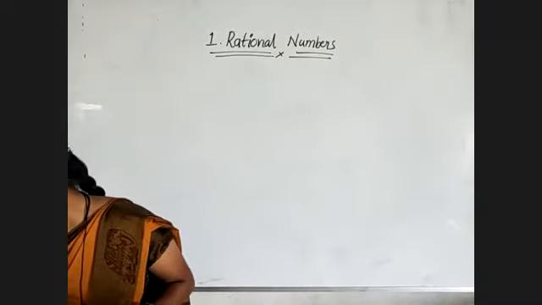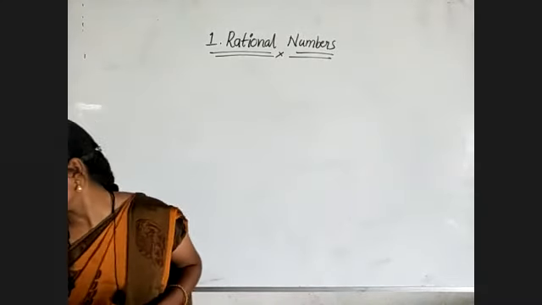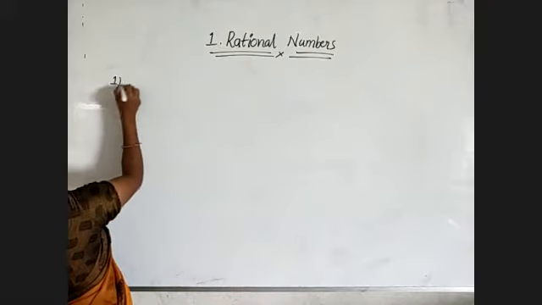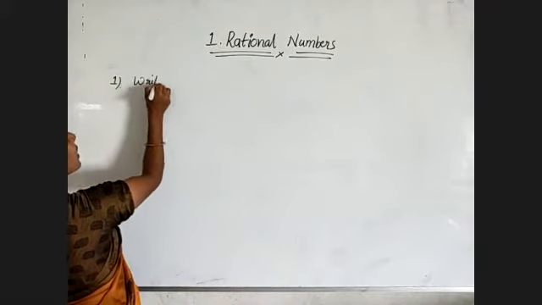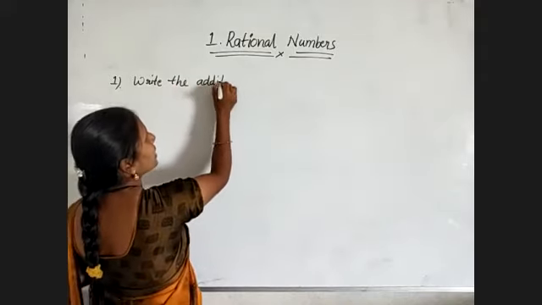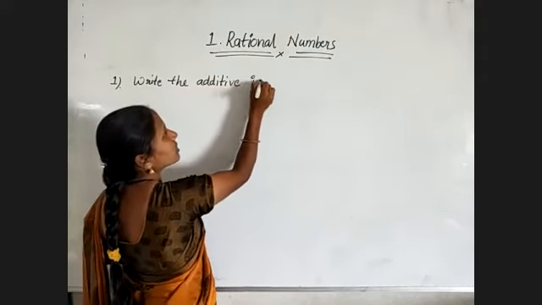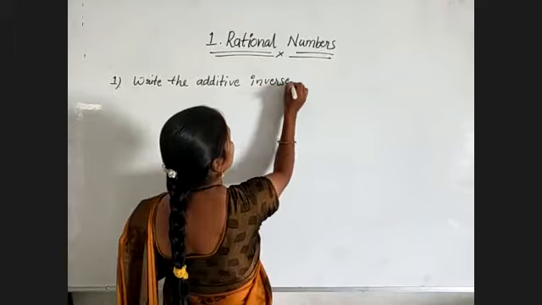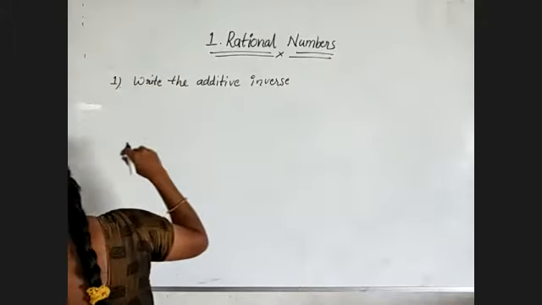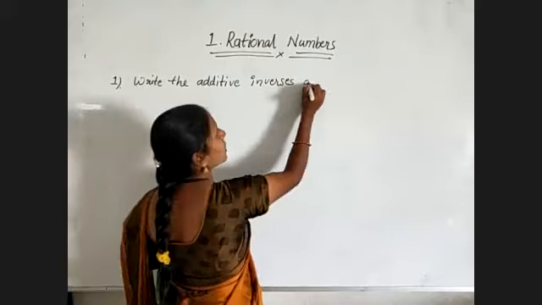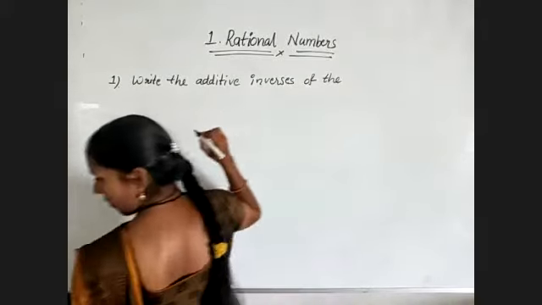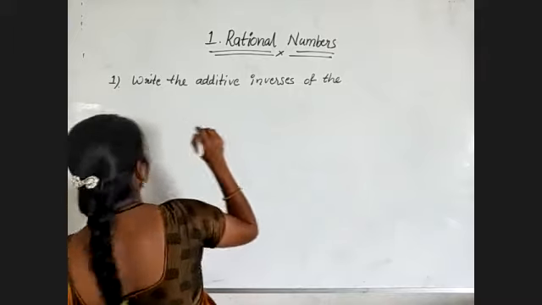So now my question was: write the additive inverse of the following rational numbers.